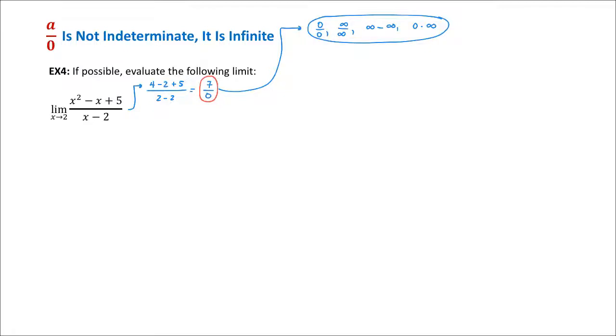So every time, and please remember this, every time that you are evaluating a limit at some value of x, and you get a non-zero over 0 as the value of that limit, that immediately means that the answer will be plus or minus infinity. That really means that there will be a vertical asymptote at this value of x, whatever x is. In our case here, x is 2. So there will be a vertical asymptote at 2.